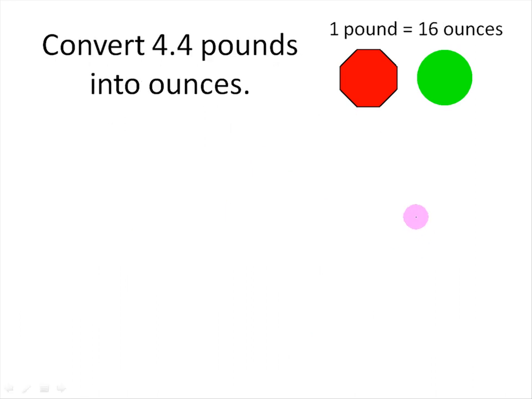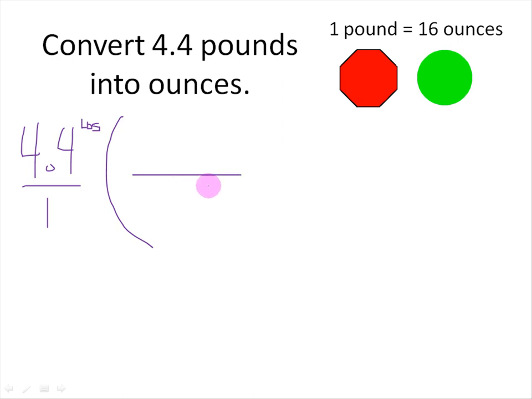All right, convert 4.4 pounds into ounces. Your tip or hint is that 1 pound is equal to 16 ounces. Click on the stop sign. Okay, let's see how you did. We have 4.4 pounds, and I'm just going to abbreviate that LBS, and I'm going to multiply 4.4 pounds times the number 1, and I have pounds in my numerator, so I'm going to want pounds in my denominator over here, and so that's 1 pound is 16 ounces.